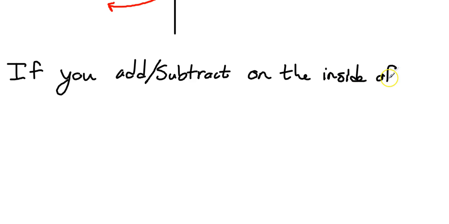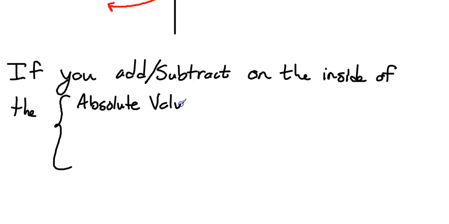on the inside of the, and this is where you get to fill in the blank, whether that's the absolute value, whether that's the radical, whether that's the square root, or whether that's the third root, or if that's just the parentheses. We're talking about x squared and x to the third.